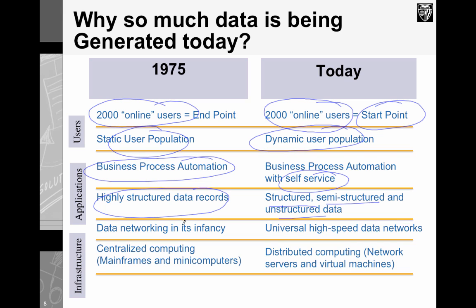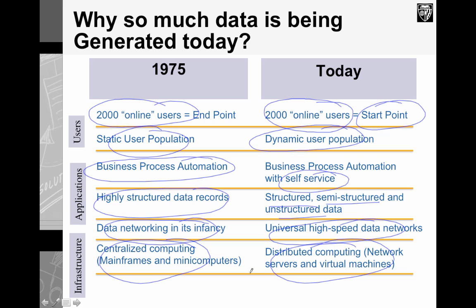In the 1970s, data networking was at its infancy. Today, universal high-speed data networks are quite common. In the 1970s, people did centralized computing using mainframes and minicomputers. Today, it's all about distributed computing. You have lots of large, highly powerful computers that are computing with each other using high bandwidth networks to send data and process data between the machines.